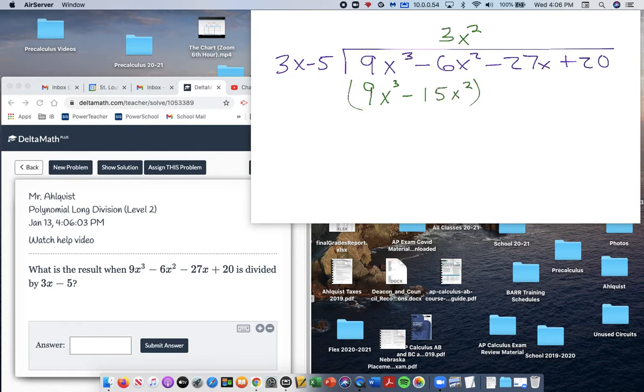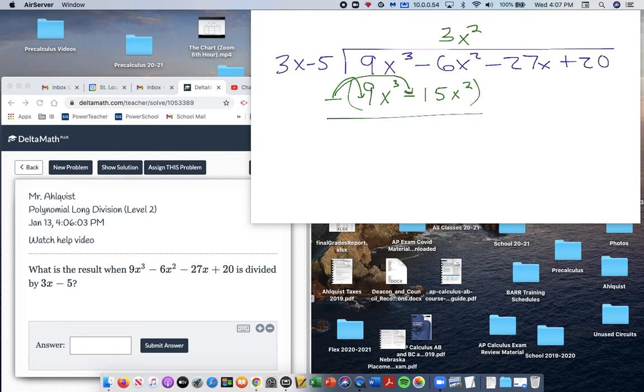Now remember, I am subtracting this. So that makes this negative and this positive. So let me go back through that again. Notice that if I subtract this, this is already subtraction. If I distribute that negative here and here, it would make the second one positive.